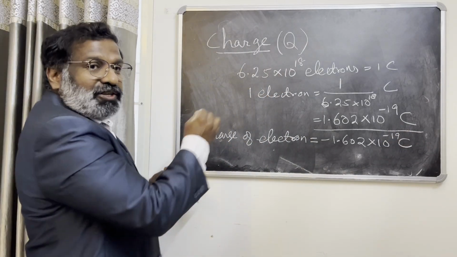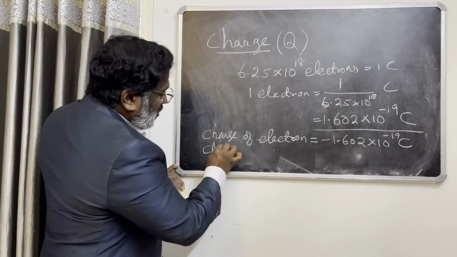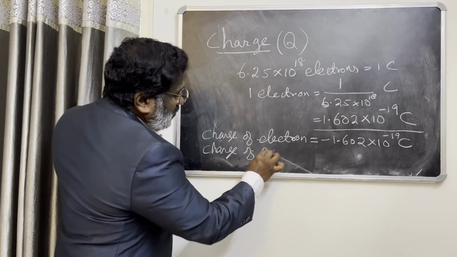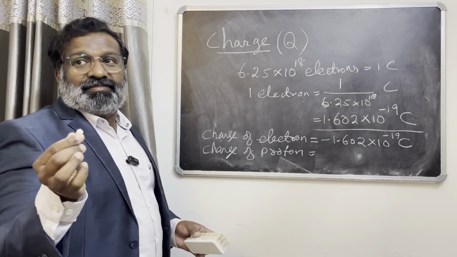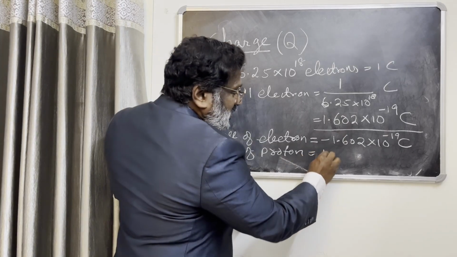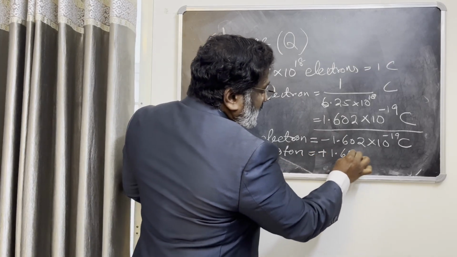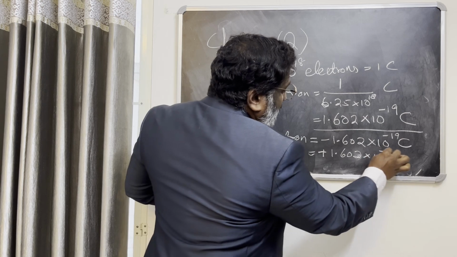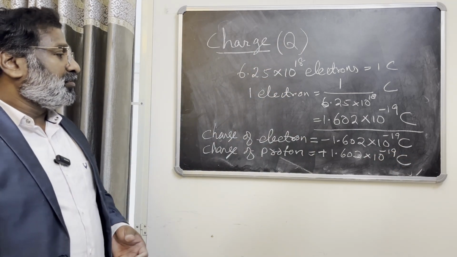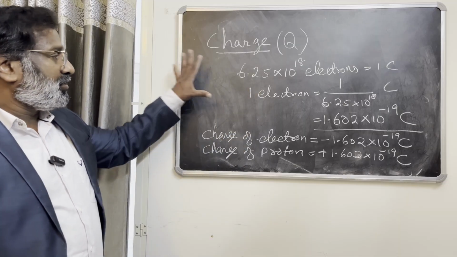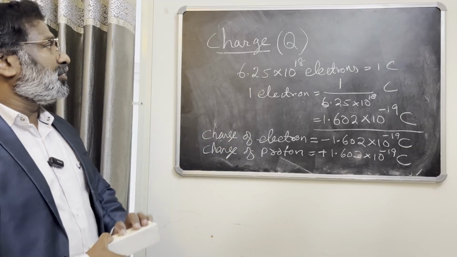Can you tell me the charge of proton now? Yes, plus 1.602 into 10 power minus 19 Coulomb. Are you clear about charge? Okay.